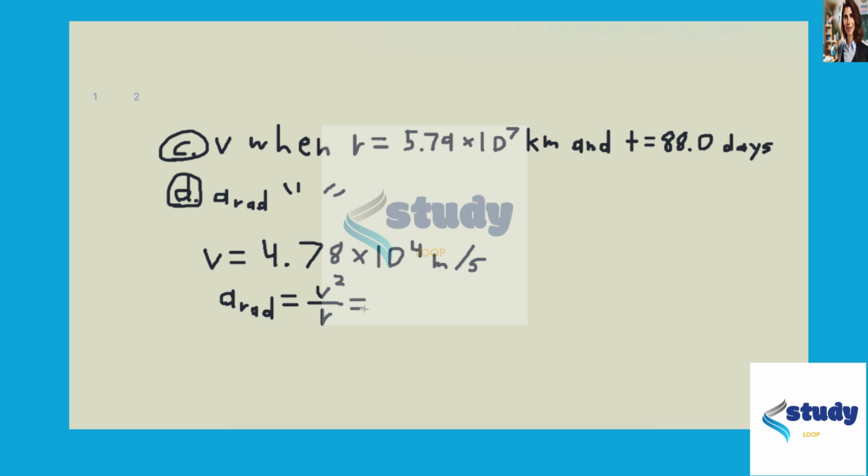If I plug in those values, I'm going to get 3.95 times 10 to the negative second meters per second squared. So that gives me the orbital velocity and the radial acceleration for Mercury.